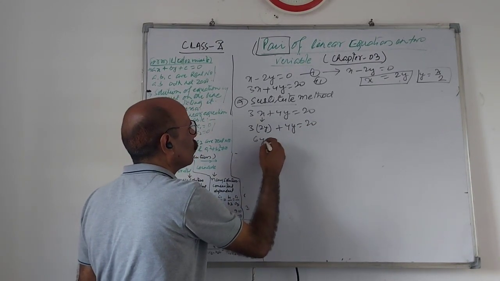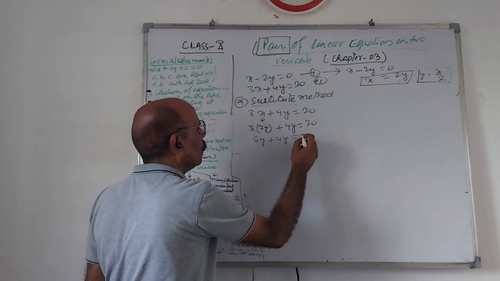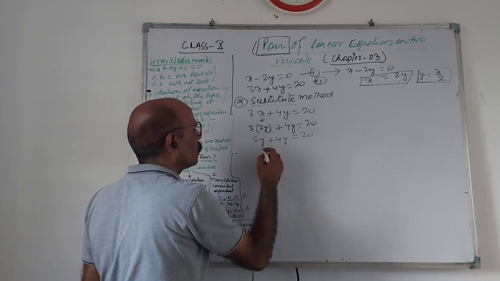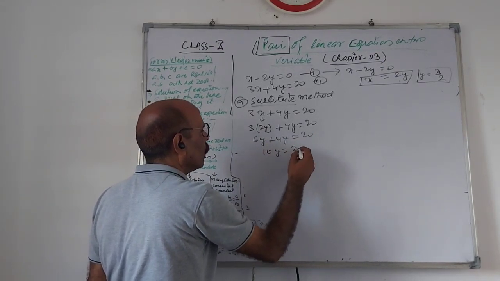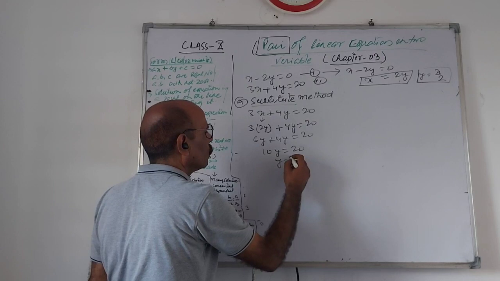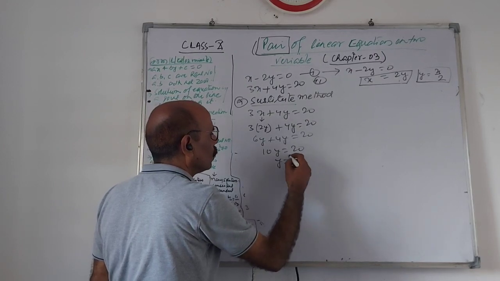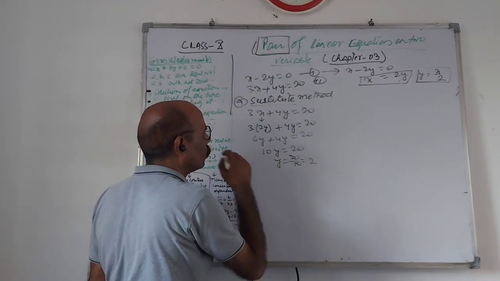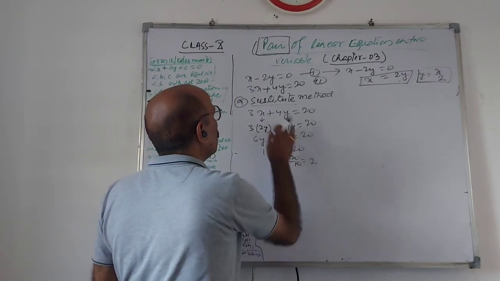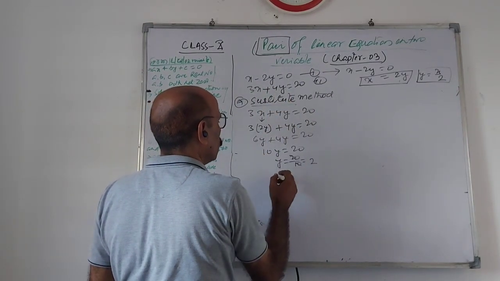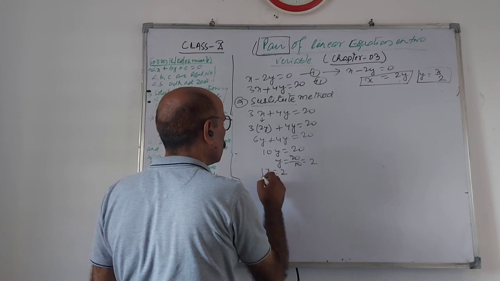This is 6y plus 4y is equal to 20. 6 plus 4, 10y is equal to 20, so y is equal to 20 by 10, which is 2.